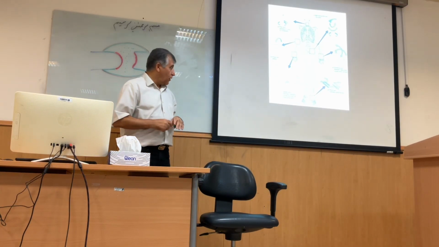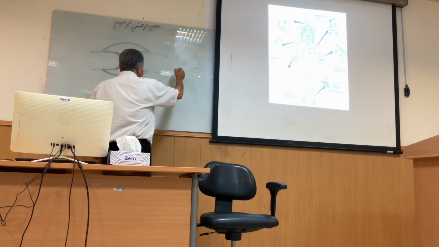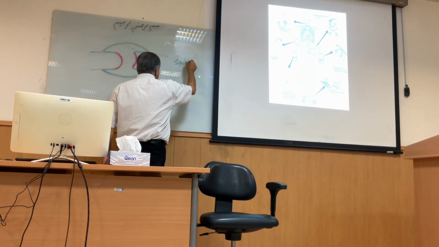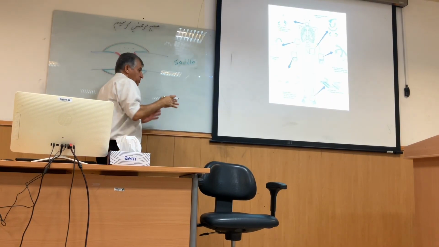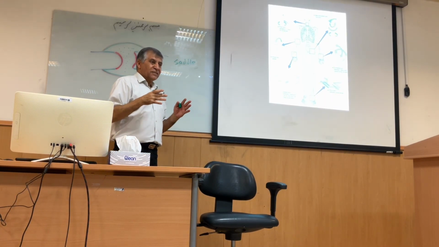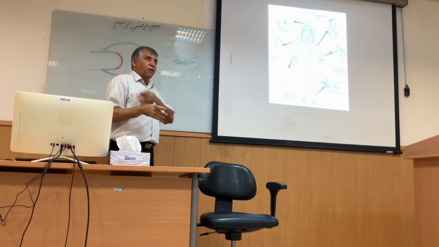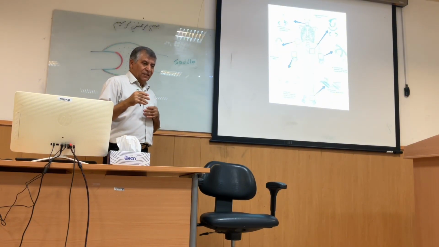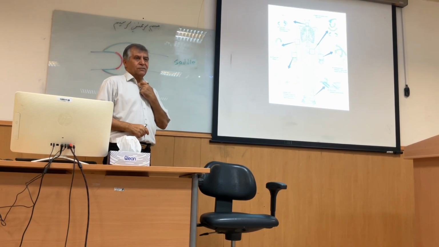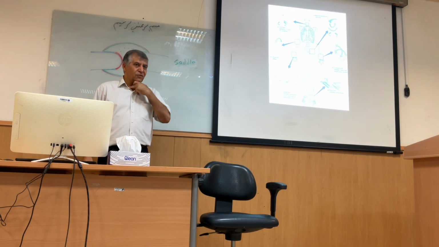Another type is saddle, because the shape of the joint is saddle shape. In the upper limb there are two saddle joints. One is the sternoclavicular joint.